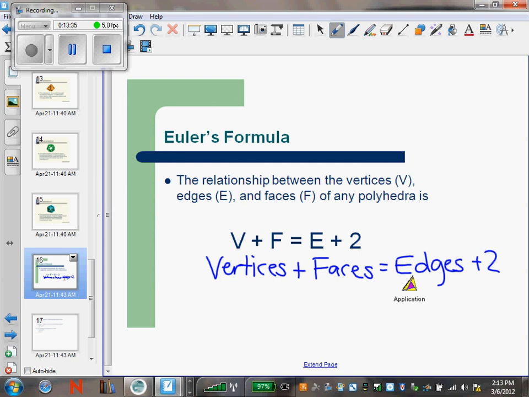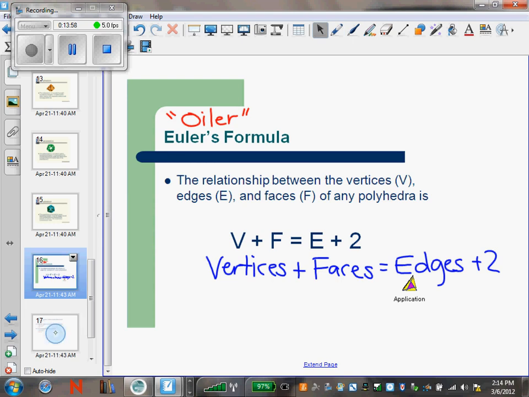We're going to talk about this some more in class tomorrow, but I want you to get those definitions into your notes and know this formula. And the name is pronounced O-I-L-E-R, Euler's formula.